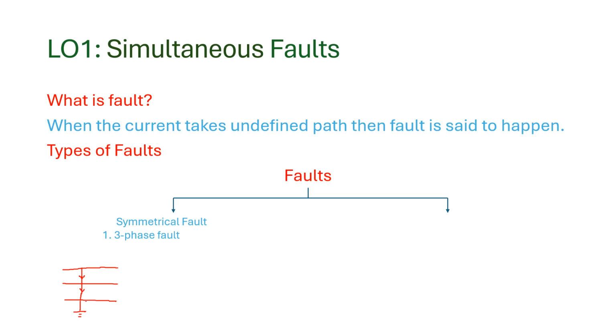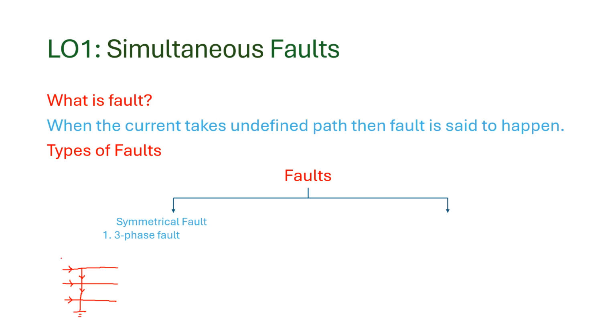Now this fault is also called balanced fault. We already learned why it is called balanced fault, because the current flowing in the three lines, or the phase voltages or line voltages, remain balanced. So what is balanced?